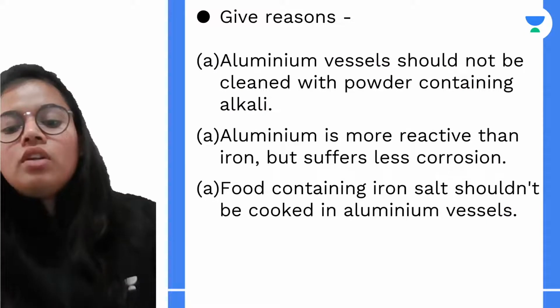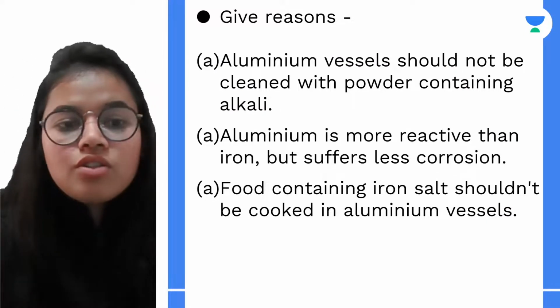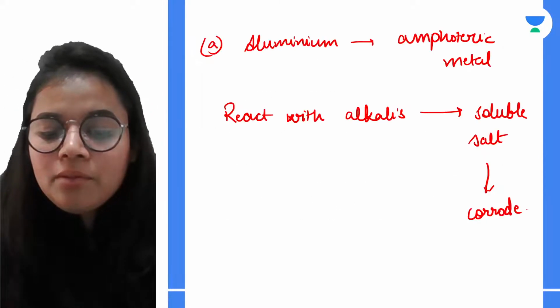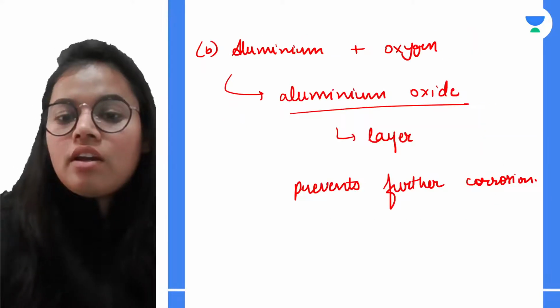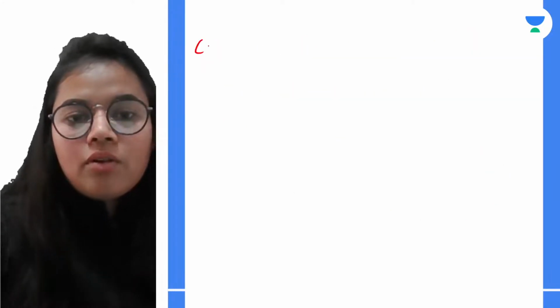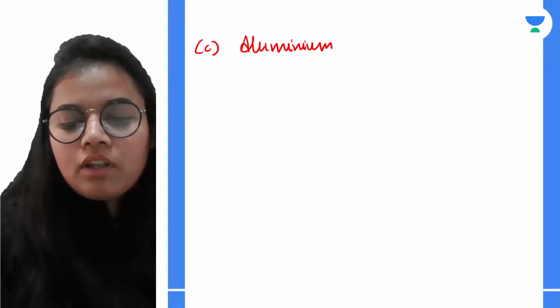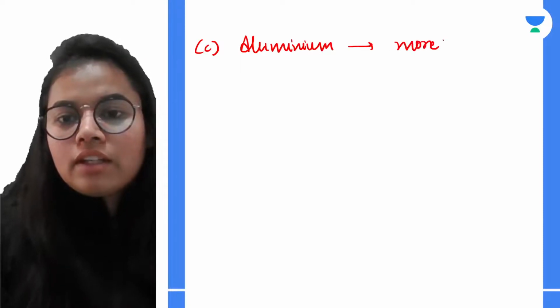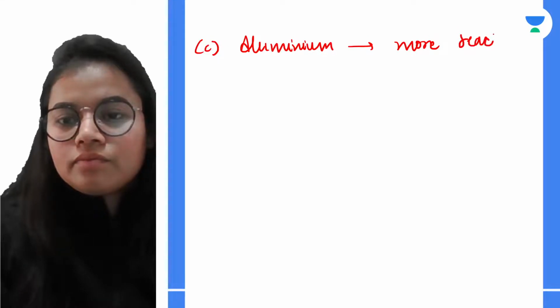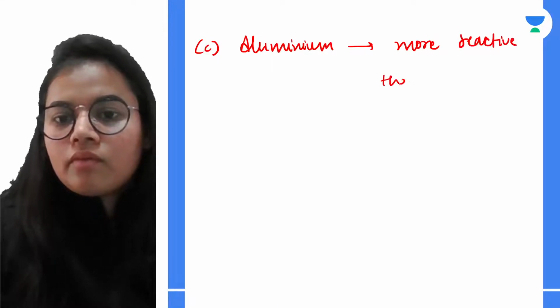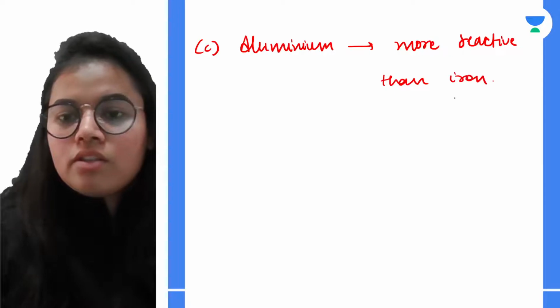Okay, then food containing iron salt shouldn't be cooked in an aluminium vessel. Now, if I talk about aluminium, it is more reactive than iron. So that means what?